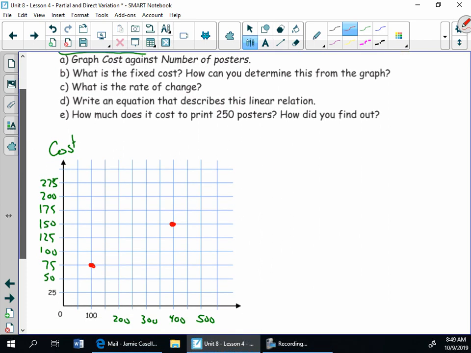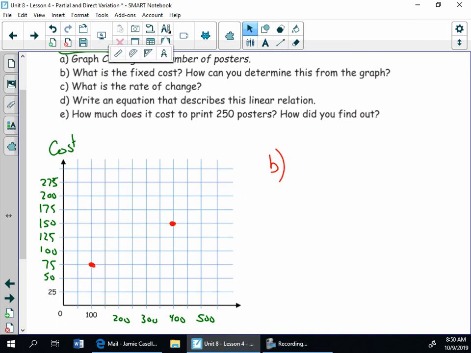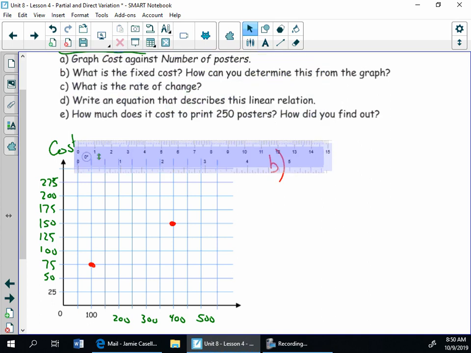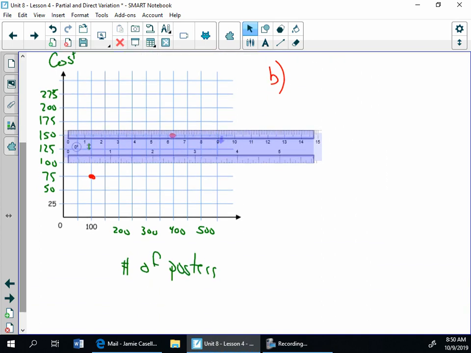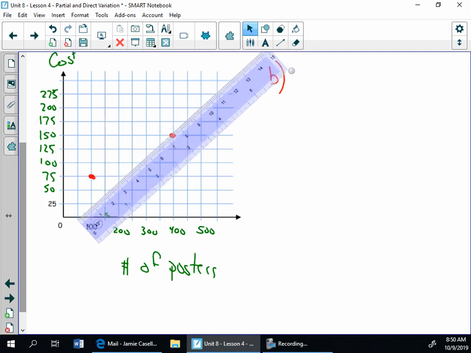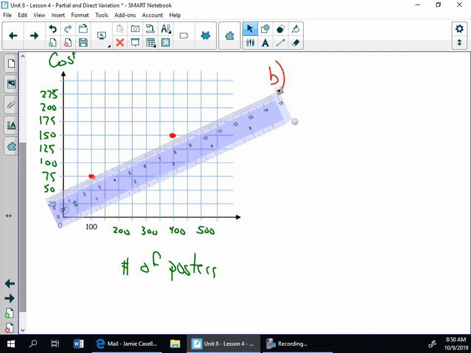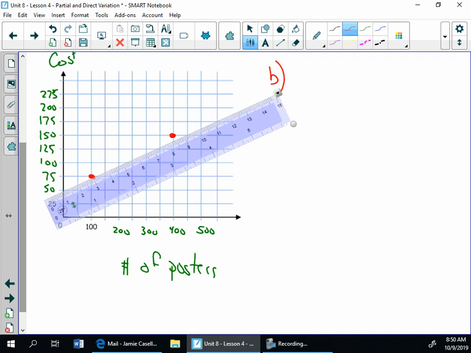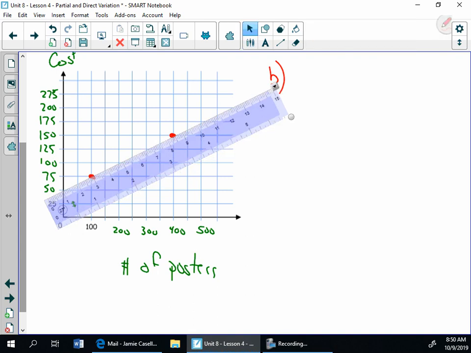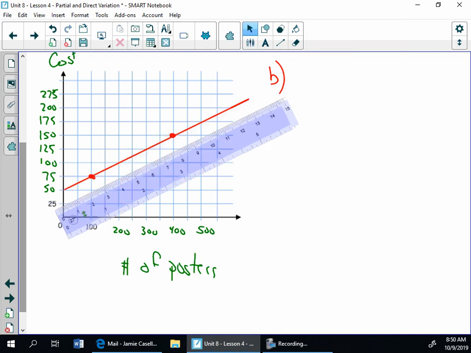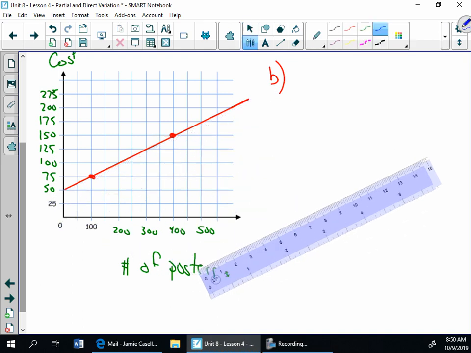And what is the fixed cost? Well, how can I figure this out? If I have a graph and it follows a pattern, then I can use a ruler to figure out my fixed cost. How can I do that? Well, we know these make lines. If I have two dots and I join them together, and I extend my line a little bit more here, then my line has to go through the initial value, which in this case happens to be right here.